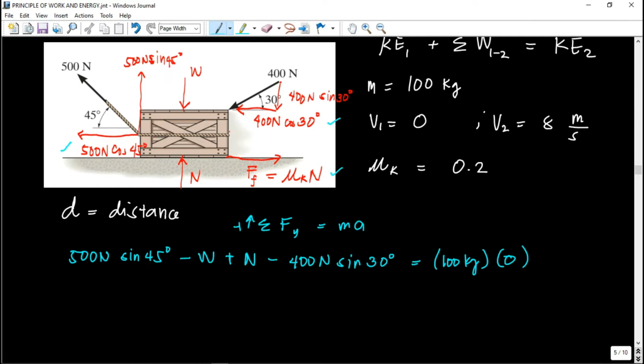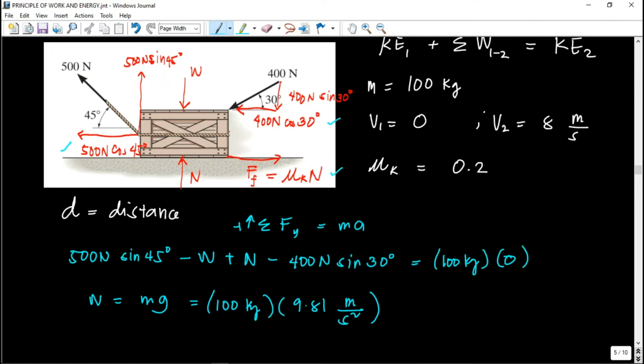The weight is mass times acceleration due to gravity. Our mass is 100 kilograms, and g is 9.81 meters per second squared.